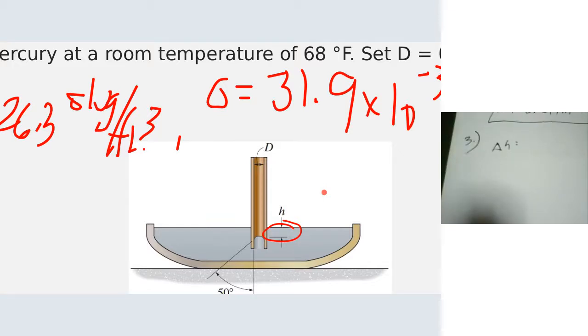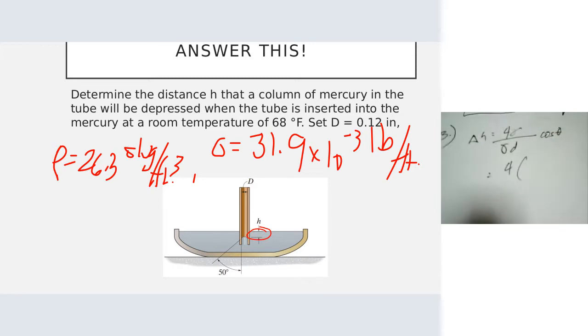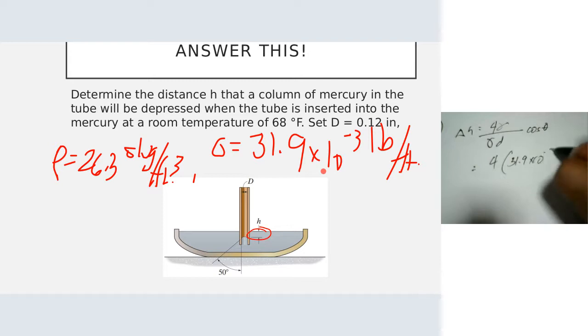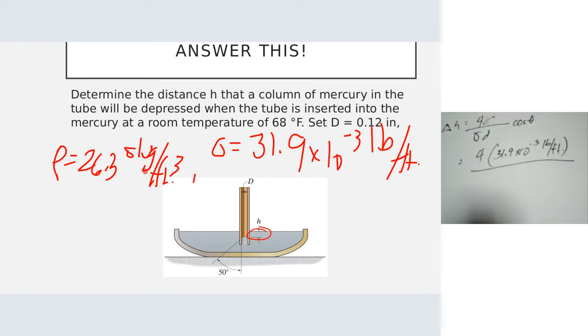So, what's the formula? The formula is 4 sigma over gamma D cos theta. So, this will be 4 times 31.9 times 10 raised to negative 3 pound per foot. Over, we have mass density, no? 26.3 slug per feet cube.